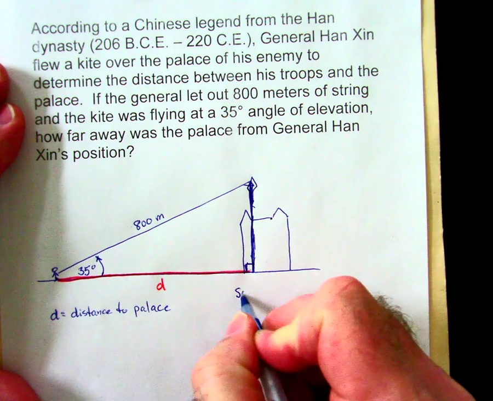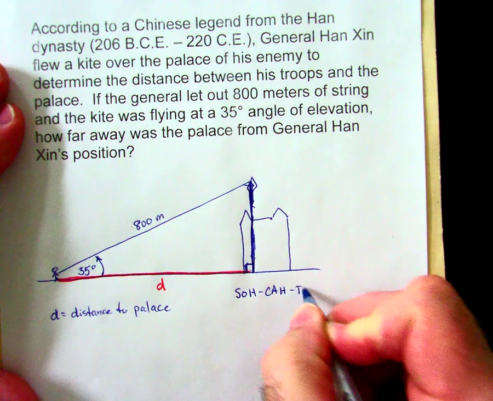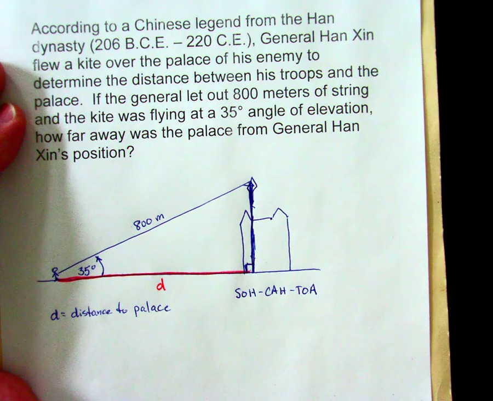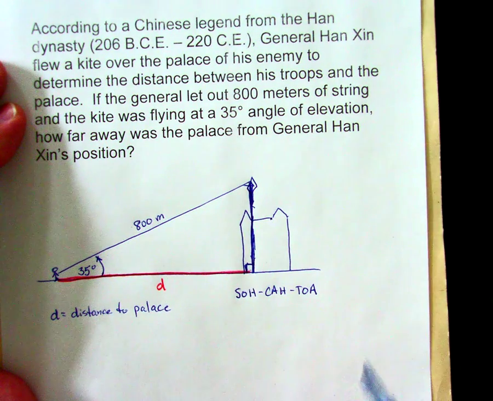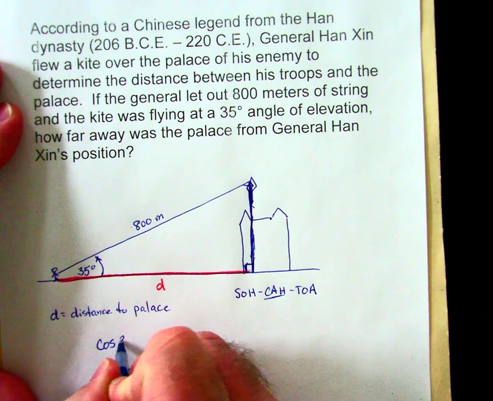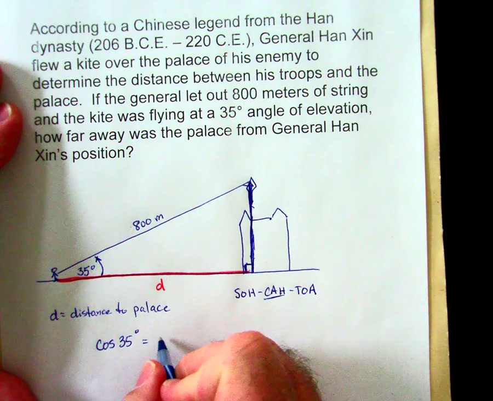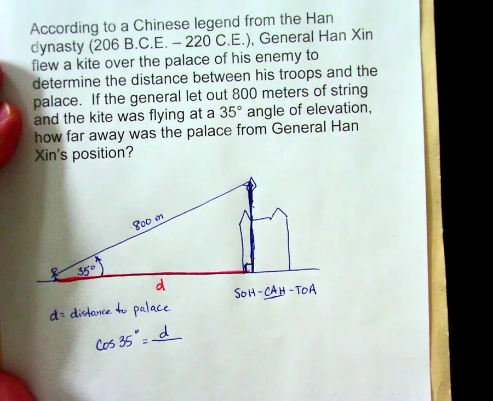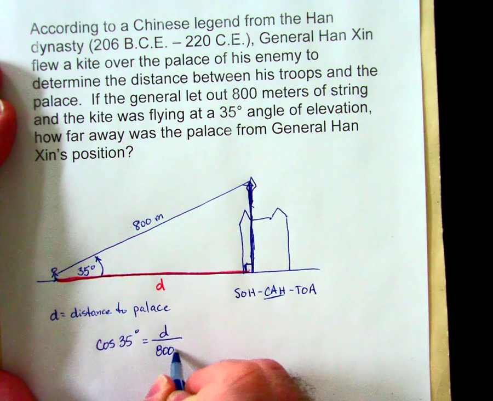So if I remember our little memory device, remember eventually this is going to expire, we're going to let that go. But for right now, if I have adjacent leg and hypotenuse, that's the cosine. So my equation: cosine of 35 degrees is equal to the adjacent leg, the length of d, divided by the length of the hypotenuse, which is 800 meters.